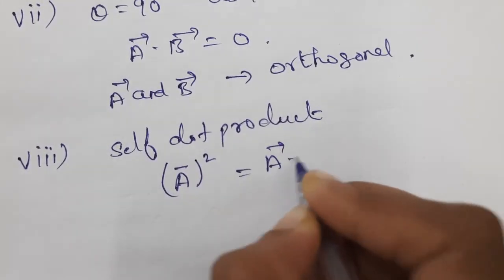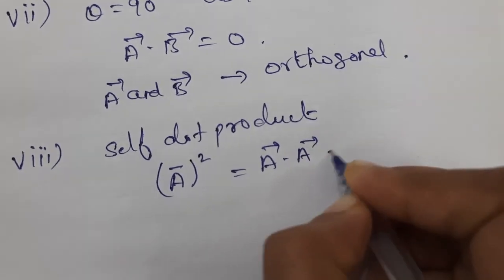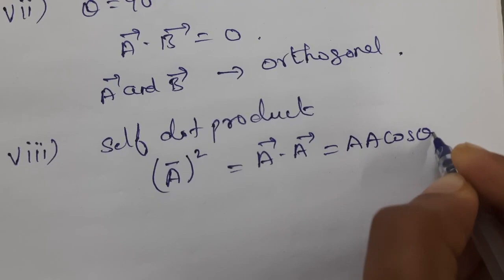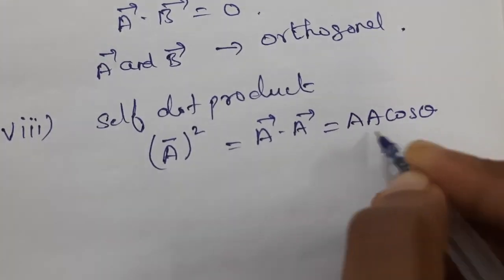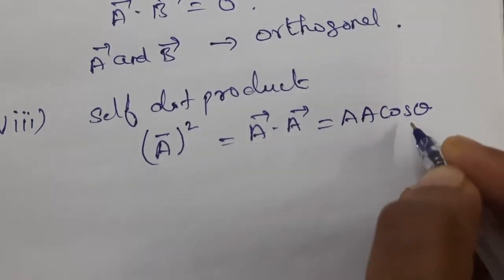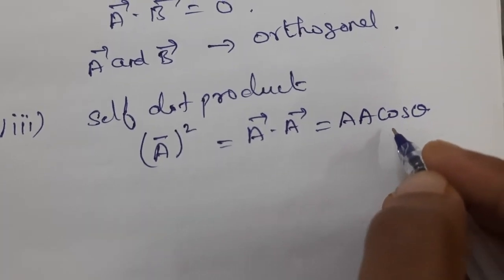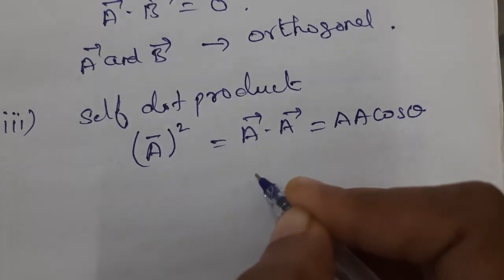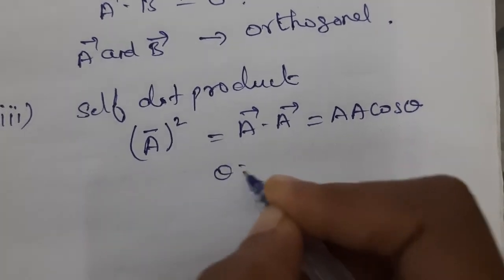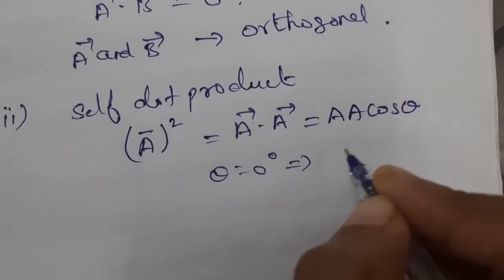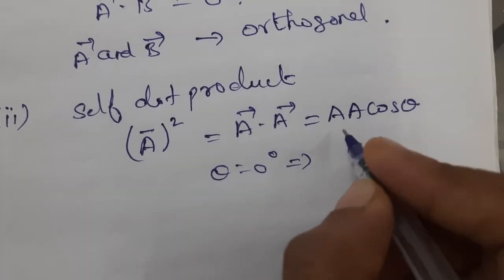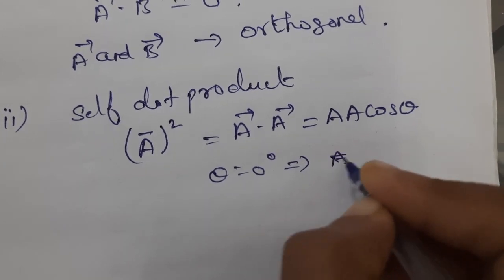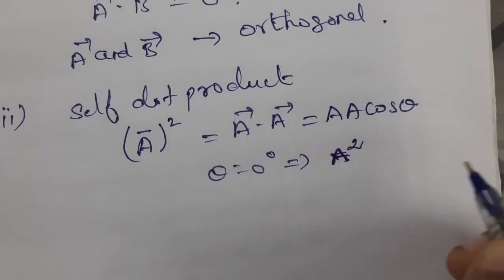That is A vector dot A vector can be written as AA cos theta. A dot B equal to AB cos theta, so A dot A equal to AA cos theta. Here both are A and A. So what is theta value? Theta value is 0. So we can write AA cos 0, that is A square.